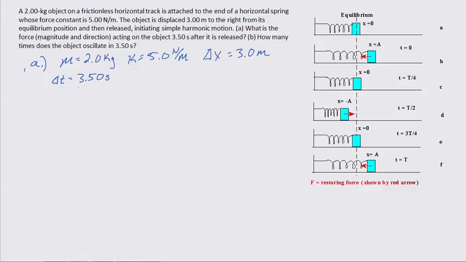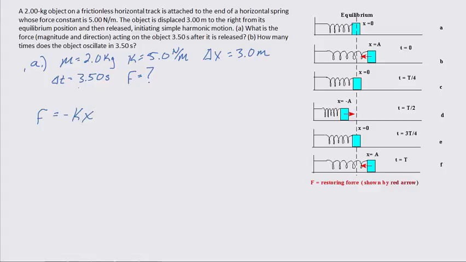And we're asked to find the force. Since we're dealing with a spring, we can use Hooke's law, which states that our force is equal to our negative spring constant multiplied by our displacement.